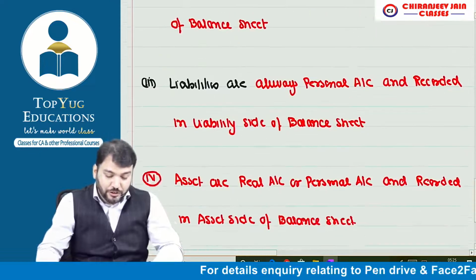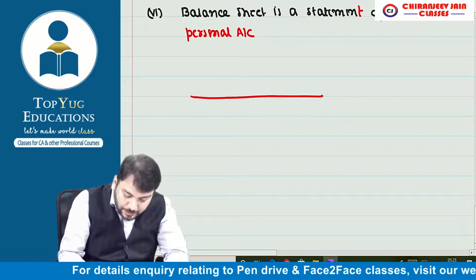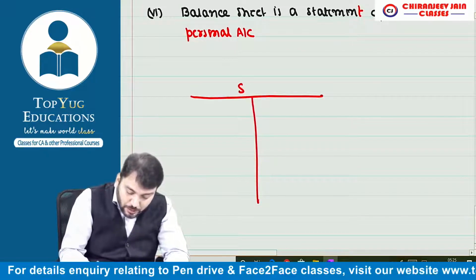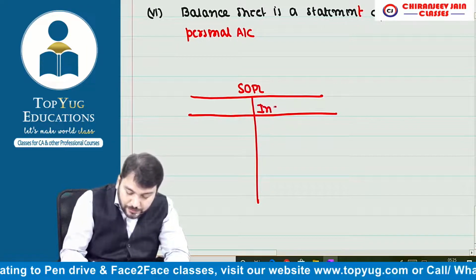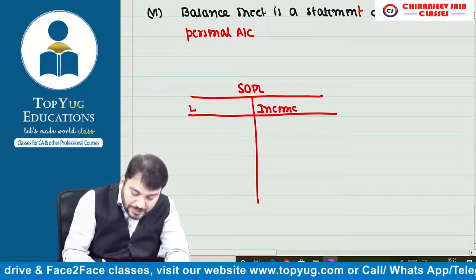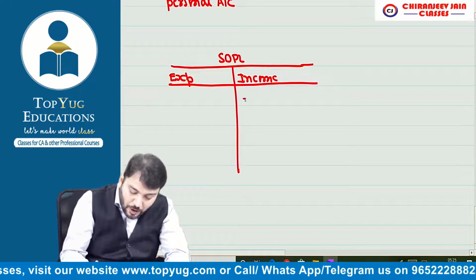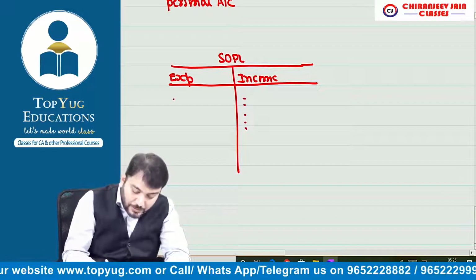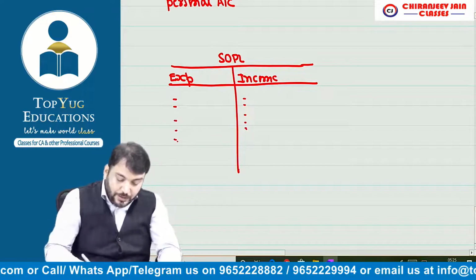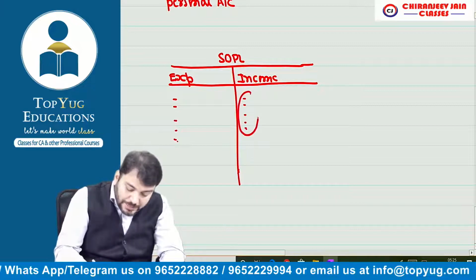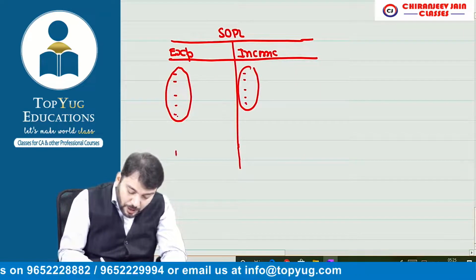Correct. Understood. Means if you see what I was discussing, the objective is to prepare what? SOPL. In SOPL you write down income and expense. All income you write down here, all expense you write down here. Correct. Understood. And income minus expense is what? Profit.